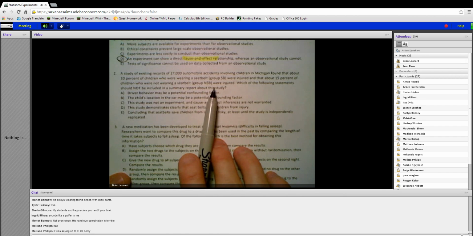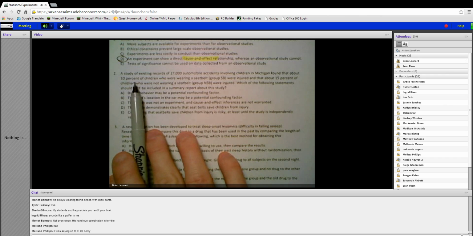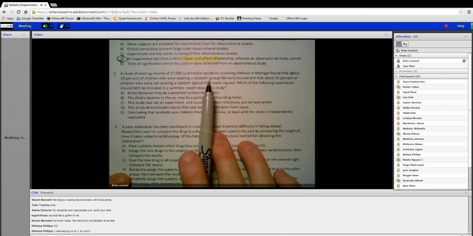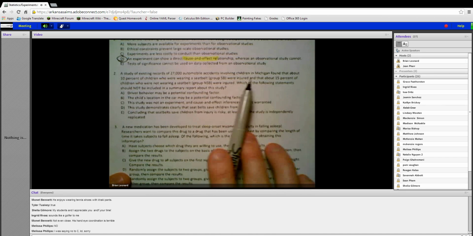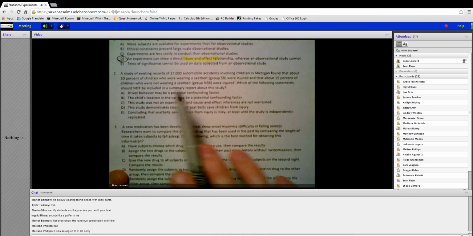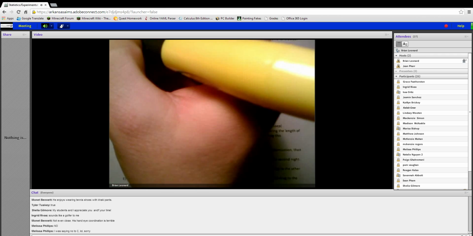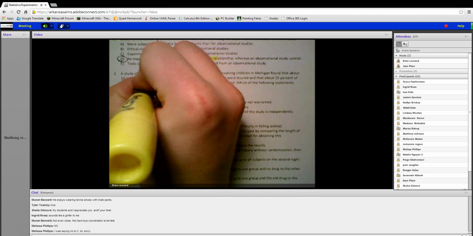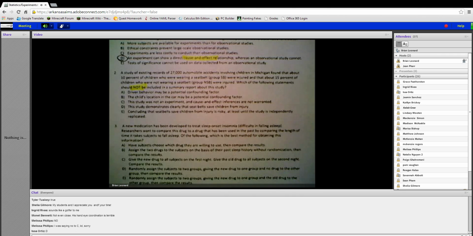Wow, big difference. So we have 10% who were wearing a seatbelt injured, 15% not wearing a seatbelt were injured. Which of the following statements should not, now there's the key, not be included in a summary of the report?